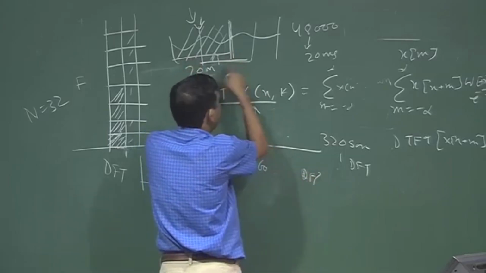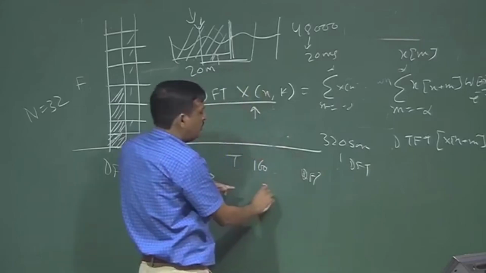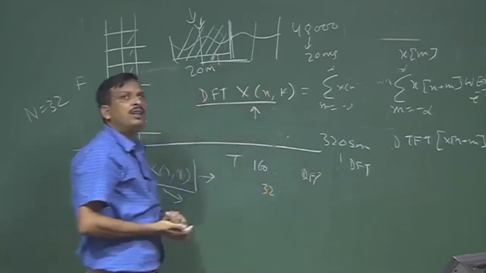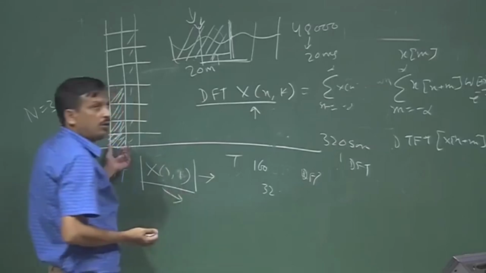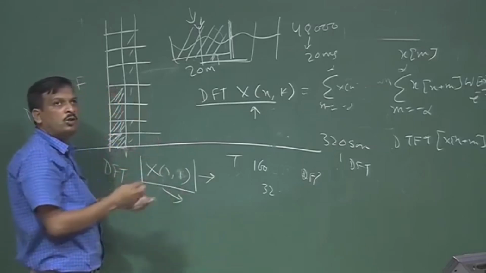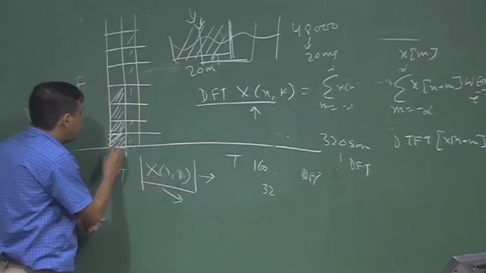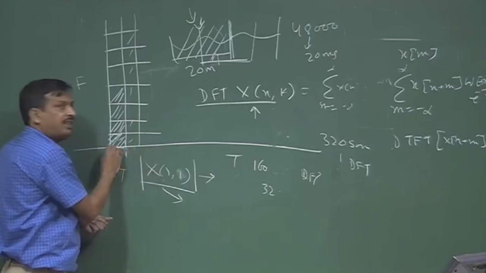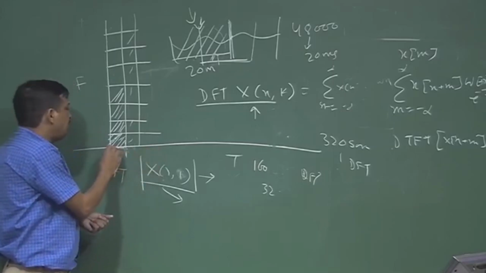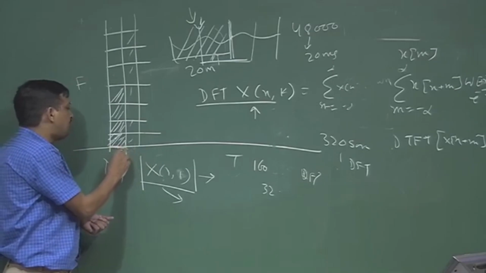Then I shift again by 10 millisecond, analyze the window and do the DFT. Similarly, for the spectrogram also, I can take the signal for 20 millisecond, analyze it, and shift the time by 10 millisecond or 5 millisecond.